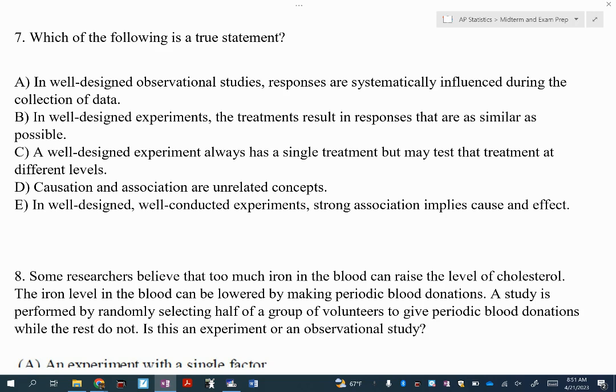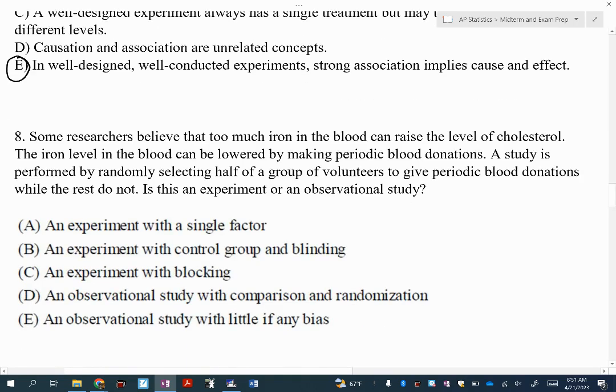Did you read them all? Which one are you going with? E, I agree. In a well-designed, well-conducted experiment, strong association implies cause and effect. Guys, that's the only way, right? If you're going to say cause and effect, it needs to be from an experiment. That's the reason I included that question.